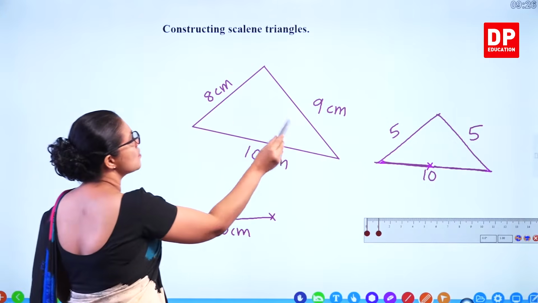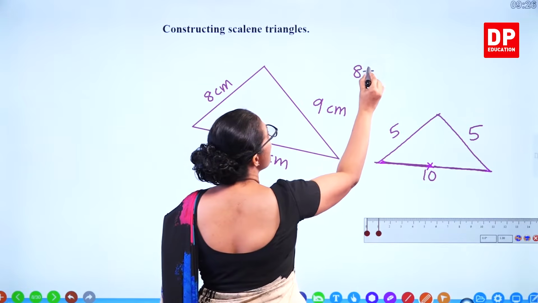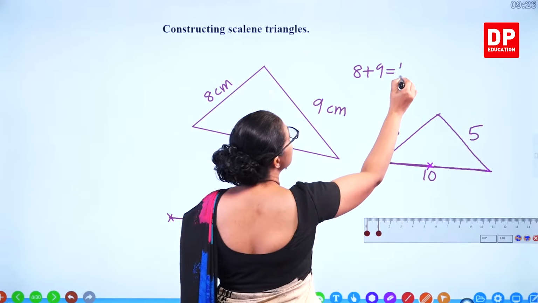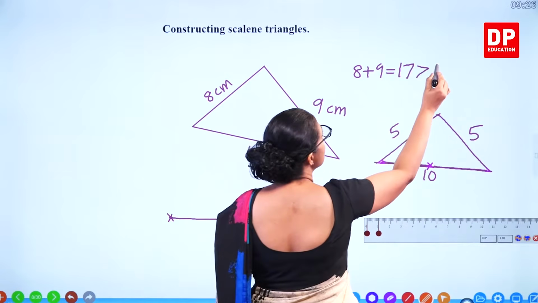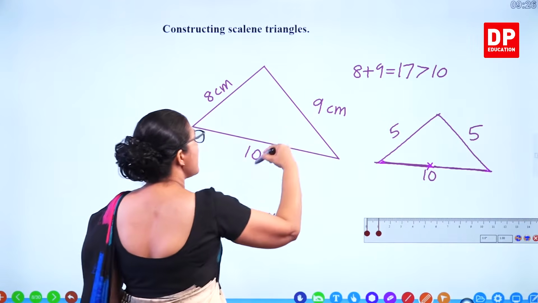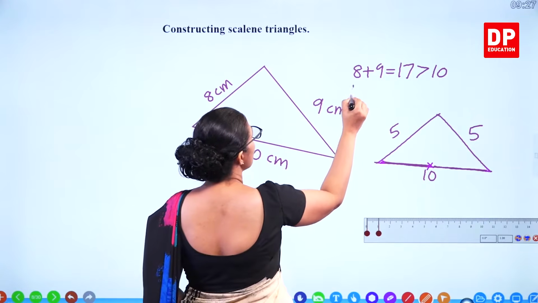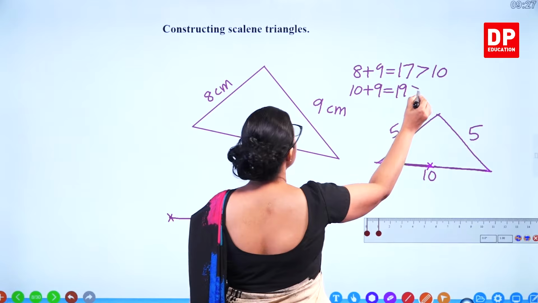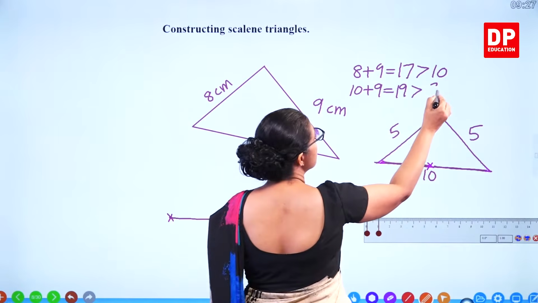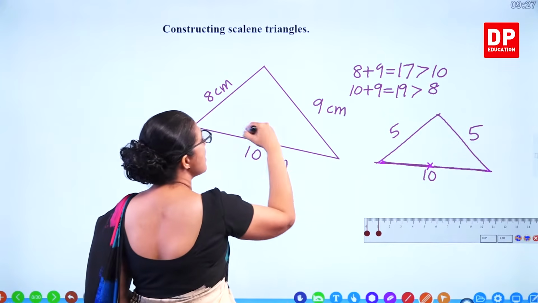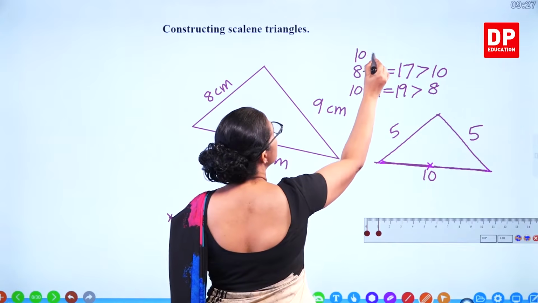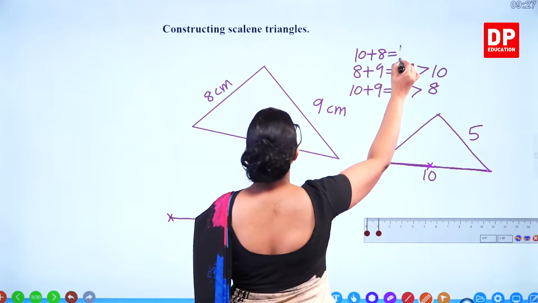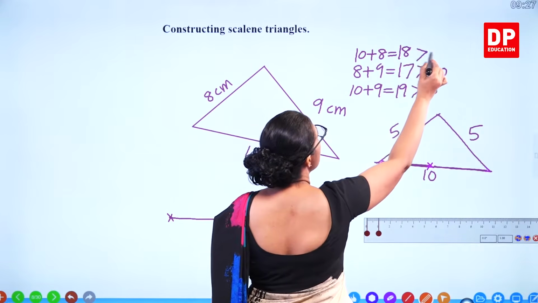So we'll take this one, 8 plus 9, that's 17. That's greater than 10. When you take these two, 10 plus 9, that's 19, greater than 8. Then when you take 10 and 8, that's 18, that's greater than 9.